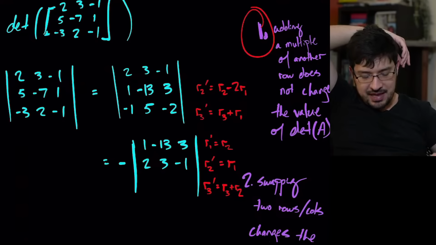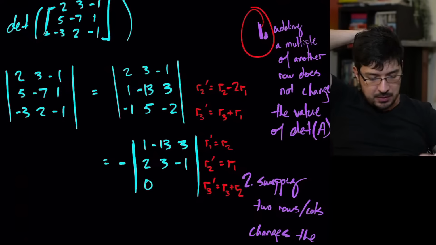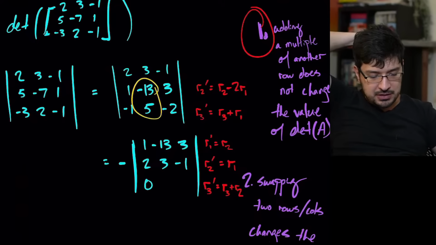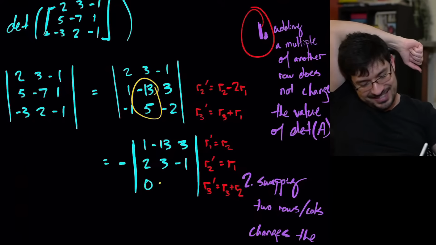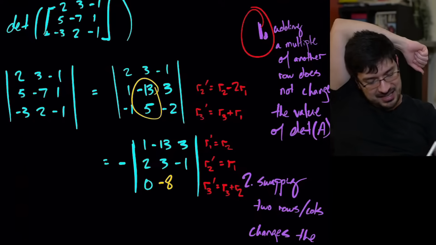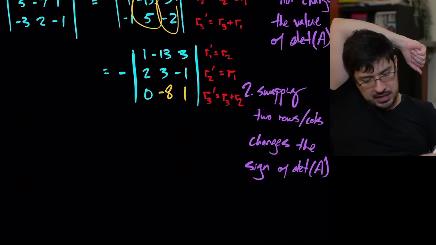So I'm adding the second and third rows together to get a 0 in this place. 1 plus -1. And then -13 plus 5 is -8. And then 3 plus -2 is 1. I changed colors because why not, I guess.